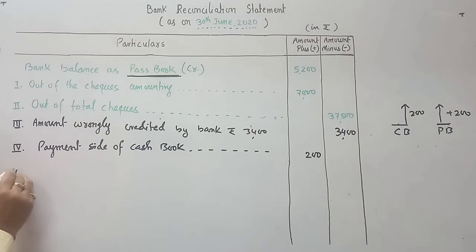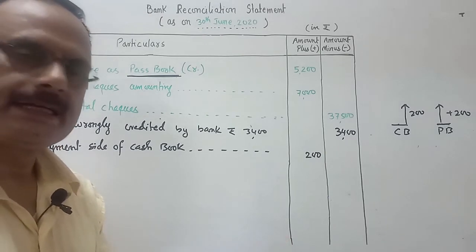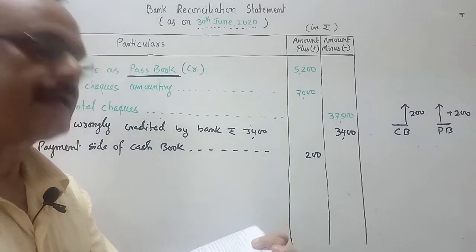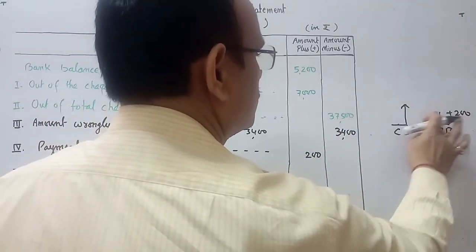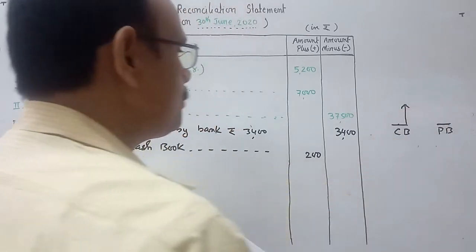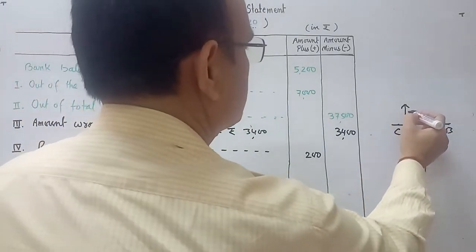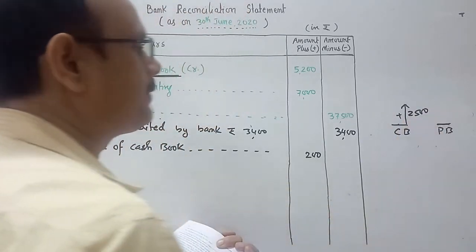Now see point number 5. Checks recorded in cash book in June 2020 but sent to bank in July. When checks are recorded in the cash book but not sent to the bank, the cash book balance is increased by 2,500.